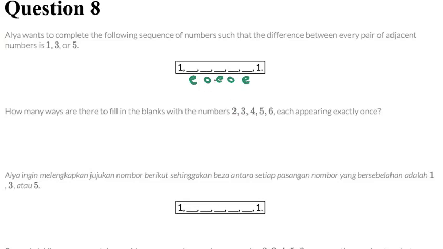You can place any even numbers in these even places and any odd number in the odd places, because each appears exactly once. So for 2, 4, 6, you have 3 factorial ways to place them, and for 3 and 5, you have 2 ways. So 3 factorial, 6, times 2, is 12.